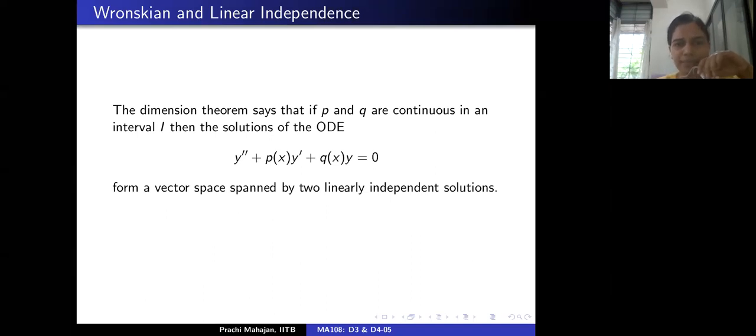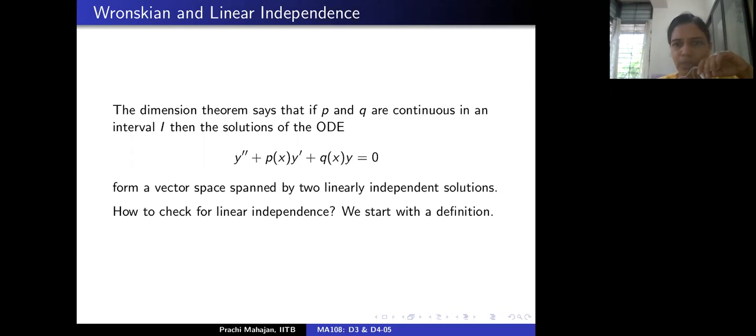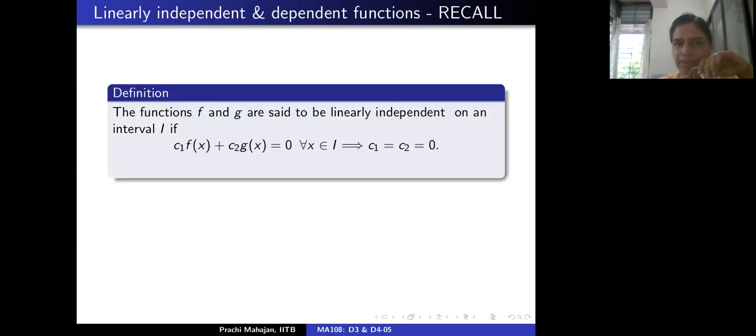Now let's recall how we check for linear independence. When do we say two functions are linearly independent?